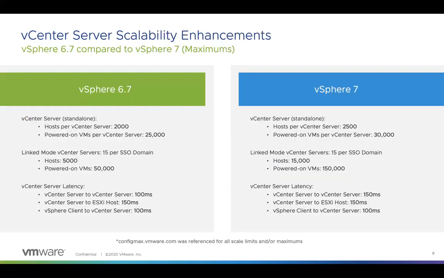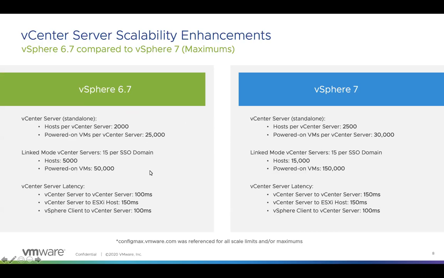On the scalability aspects too, we are talking about 7.0 as a major release, so we looked at scalability as well. Customers want to manage more and more hosts and VMs with a single vCenter or with linked vCenters, so we totally relooked at the entire set of limits. Per vCenter Server in standalone mode, there is almost a 25% increase in the limits compared to the previous release.